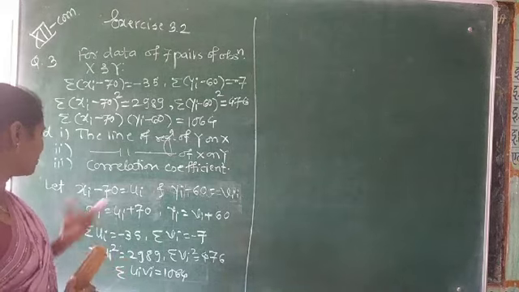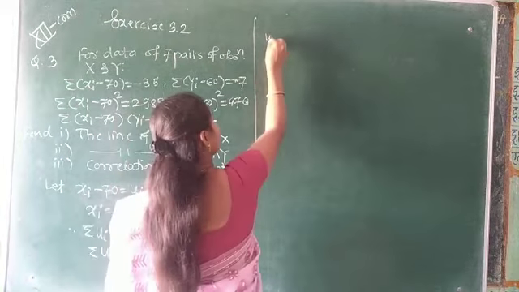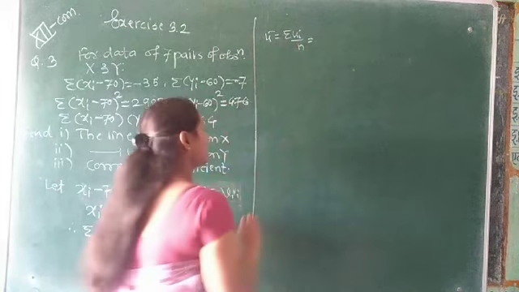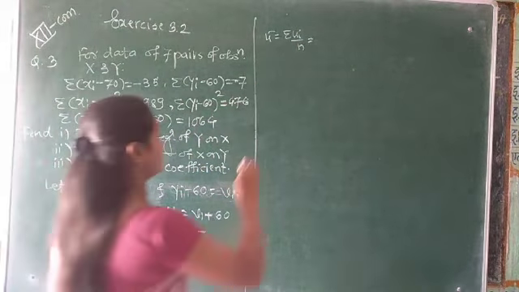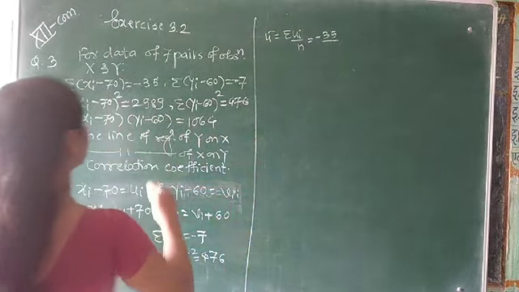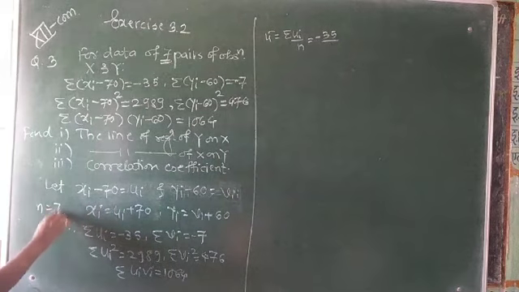Now here we are going to find first the mean of u and v. What is u bar? U bar is equal to summation ui upon n. What is summation ui? Minus 35 divided by n, that is for data of 7 pairs of observations, so write n is equal to 7.